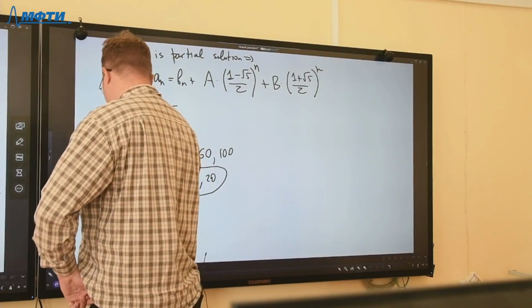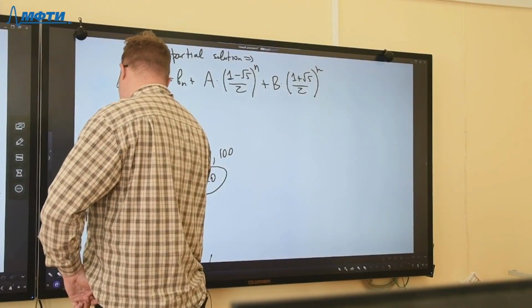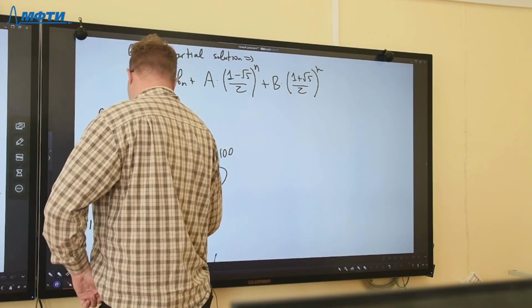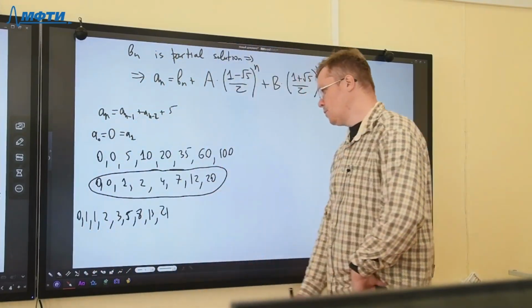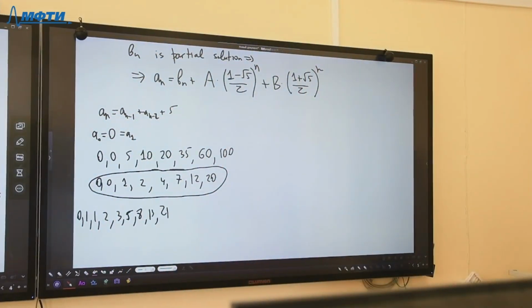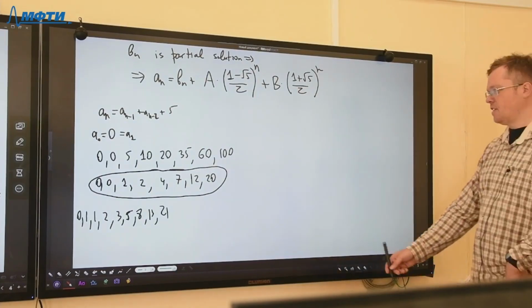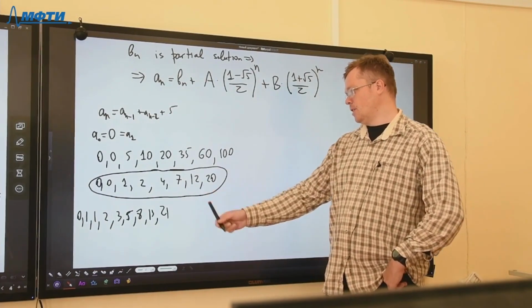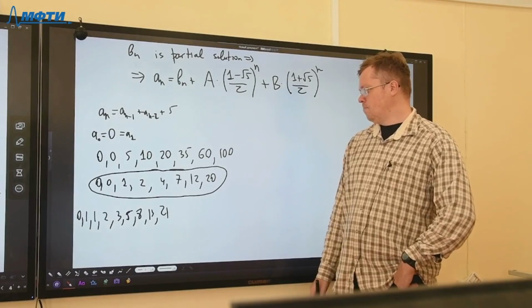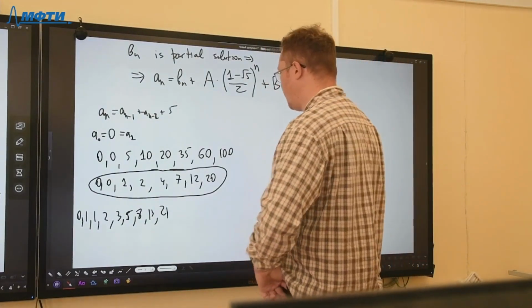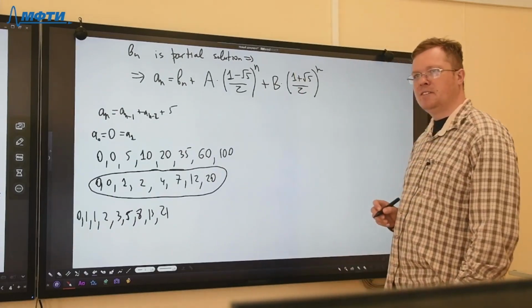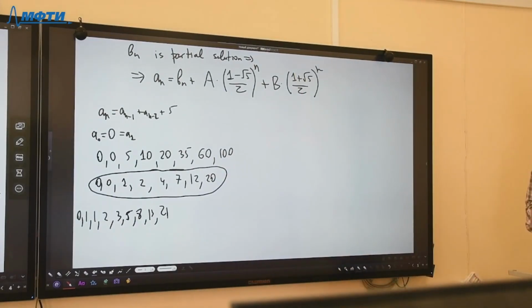So if I write the Fibonacci sequence, then you can find the similarity between these two sequences. Yes, because this is nothing but Fibonacci numbers minus 1, shifted by 1.